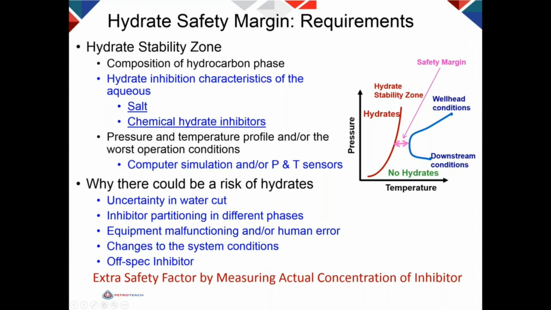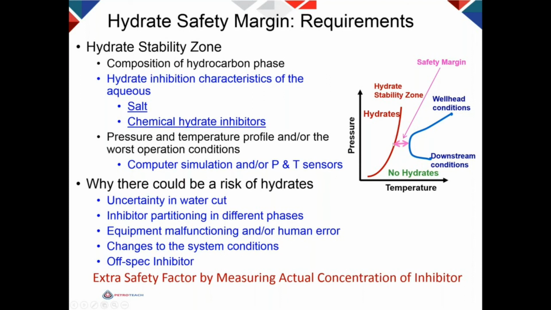The other point is, can we predict this one? Yes, we can, by using computer simulation or pressure and temperature sensors, so we know the condition of the pipeline, and then we can adjust the amount of inhibitor we inject to move this curve back and forth, okay?